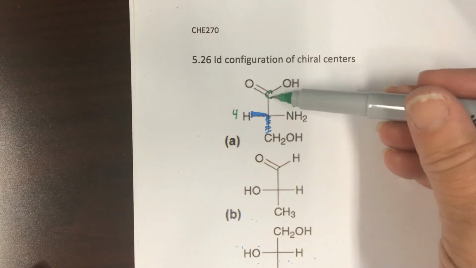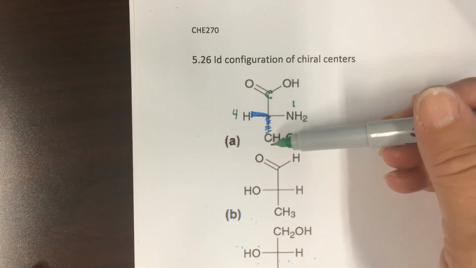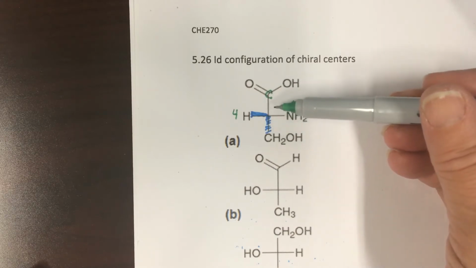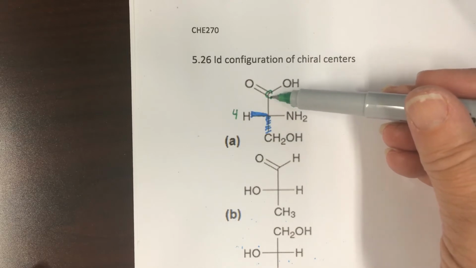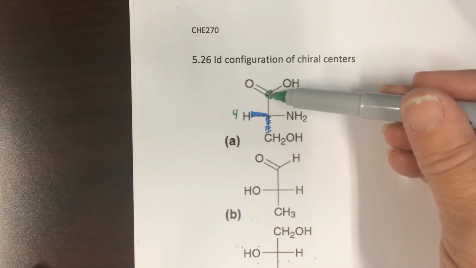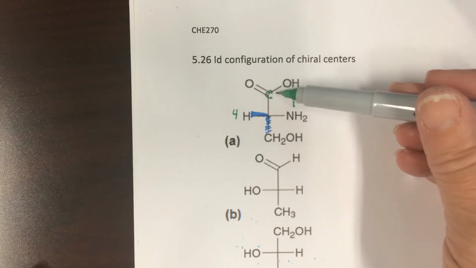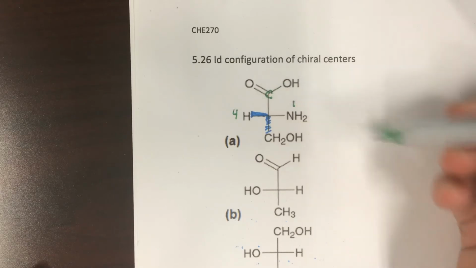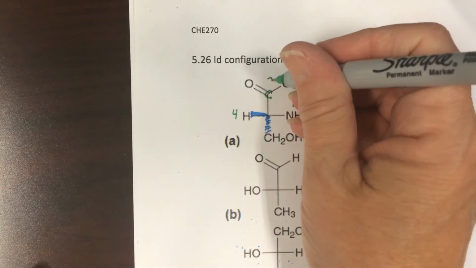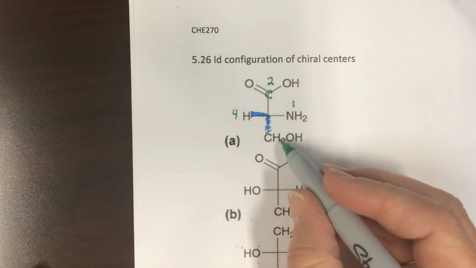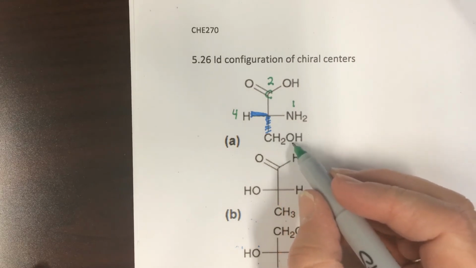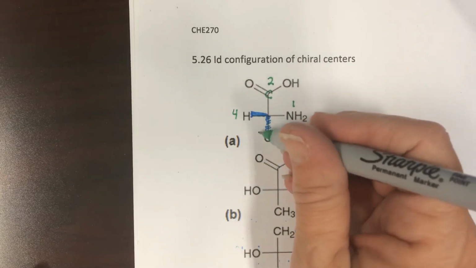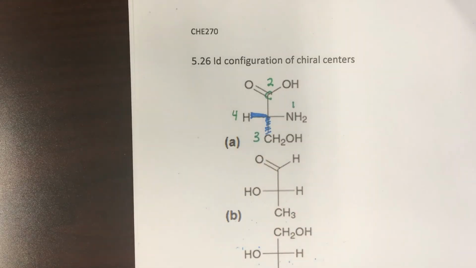Then we need to decide between this carbon and this carbon to assign 3 and 4. This carbon's attached to an oxygen. Actually, it's attached to what we would count as 3 oxygens, since we count that double bond twice. So it's number 2. This carbon is attached to 2 hydrogens and only 1 oxygen, so that makes that number 3.